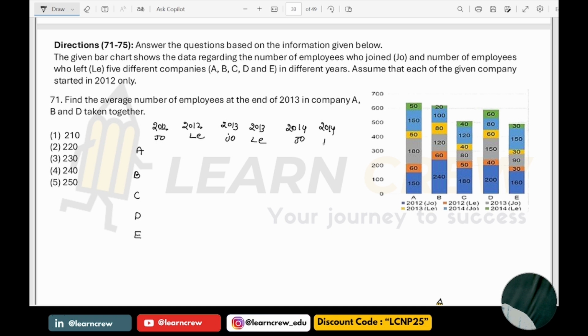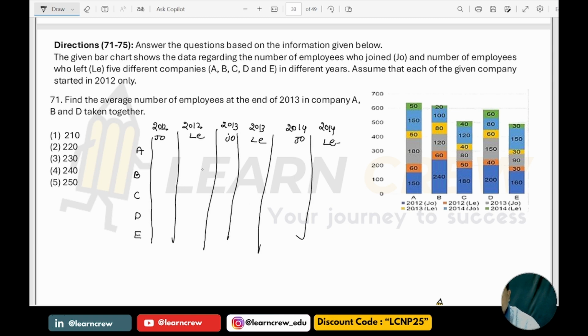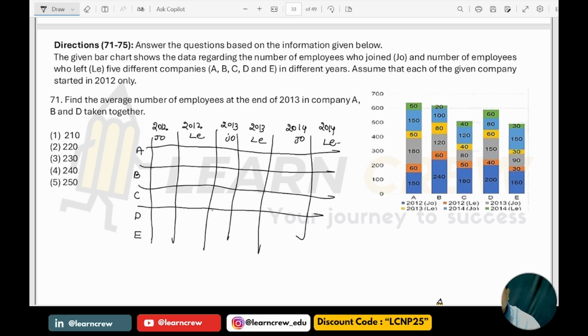This is what is given, right? 12, 13, 14. We have to form this table, so that it will be easy for me.